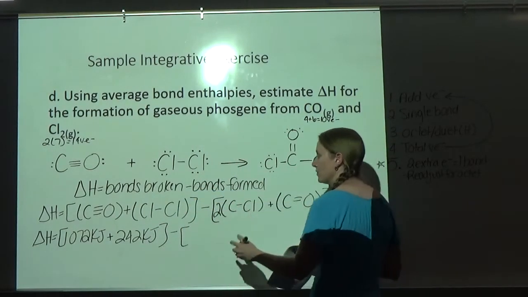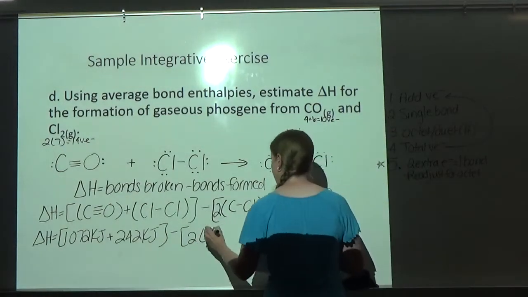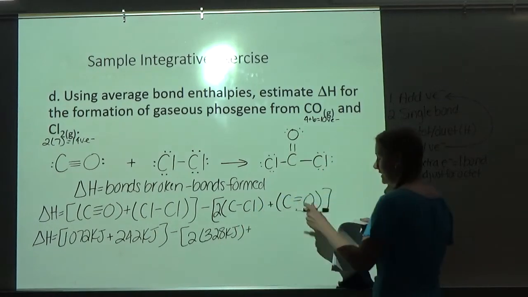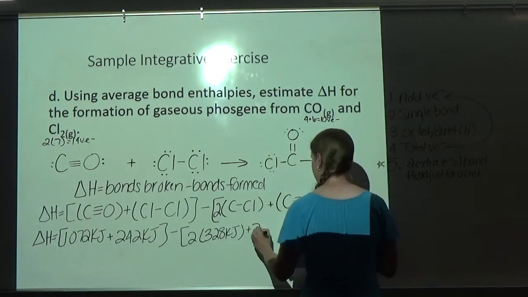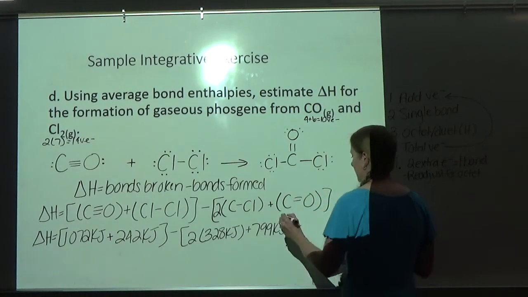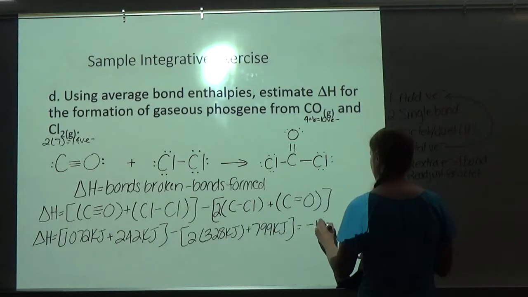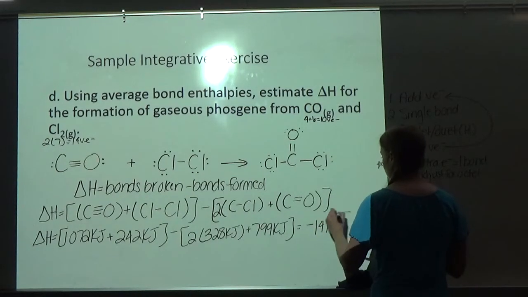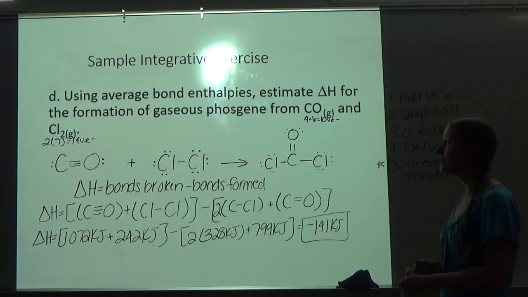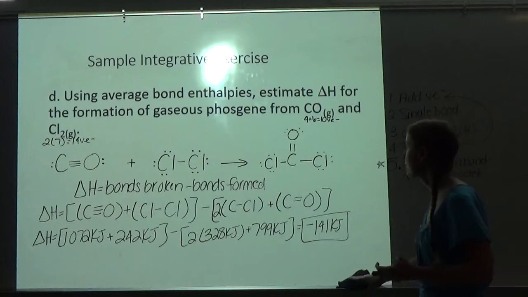Then we have two CCl bonds, which CCl has a 328 kilojoule bond enthalpy, and a CO double bond, which has a 799 kilojoule bond enthalpy. So once I solve for all that, I get negative 141 kilojoules. And so like I said, sometimes you just have to draw the Lewis dot structures to figure out the bonding.